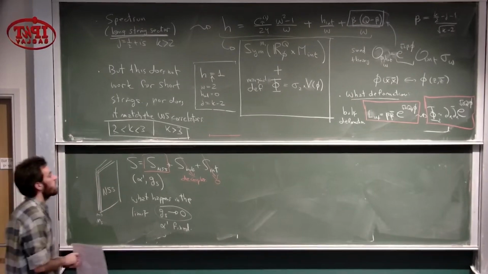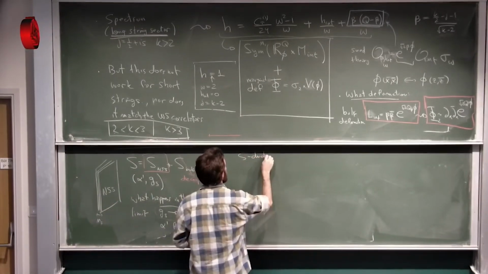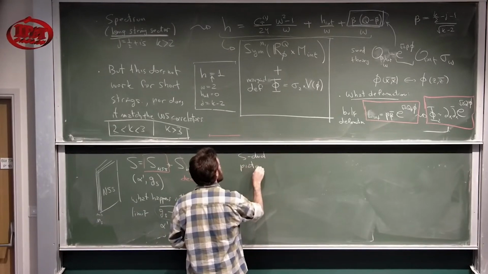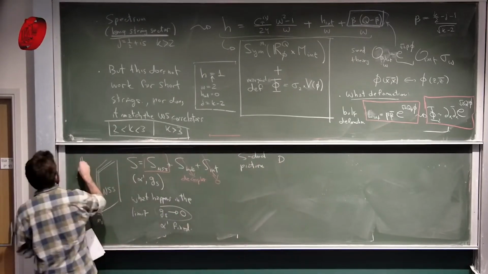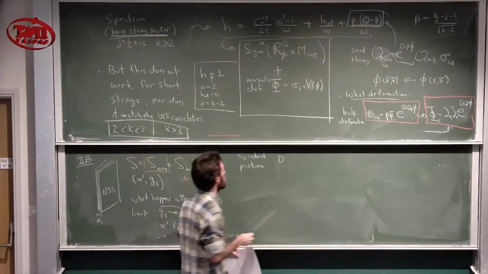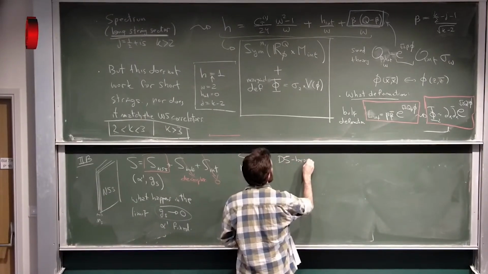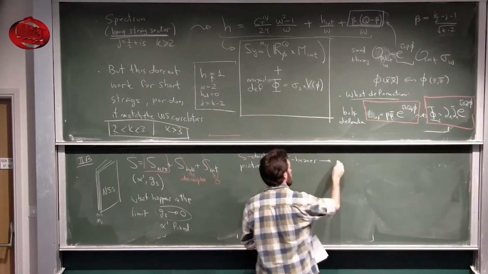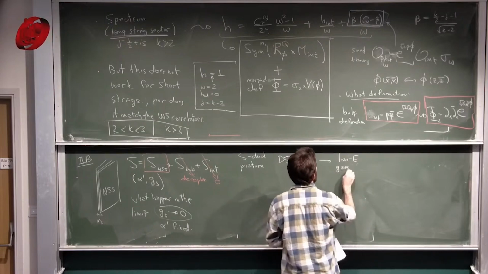One way to see it is if you go to the S-dual picture. You have, in type 2B, and you can do a similar story for NS5 branes in type 2A, but in type 2B, you go to the S-dual picture and you have a set of D5 branes. This has a low energy gauge theory description.